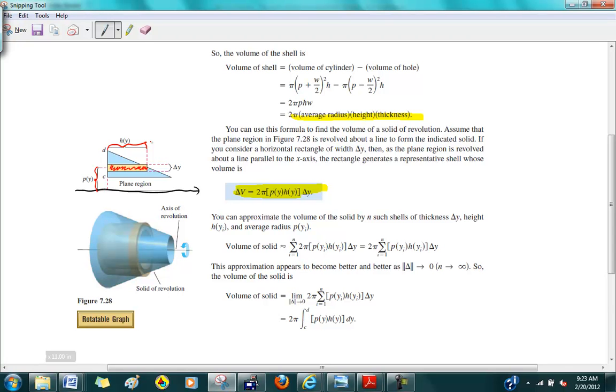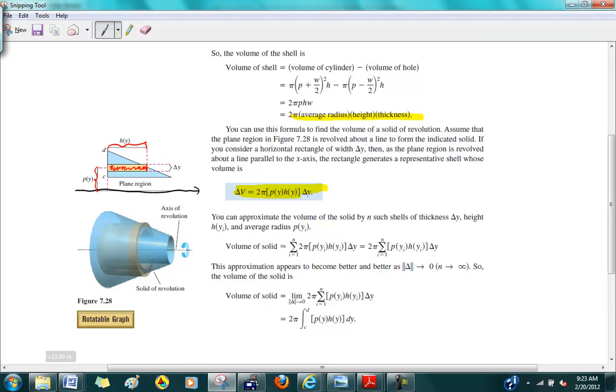I know height is not vertical in this case, but that's the terminology that they're using. And then the little width or the thickness of the shell is delta y. So p and h are both functions of y, and we are rotating about some line that's horizontal.